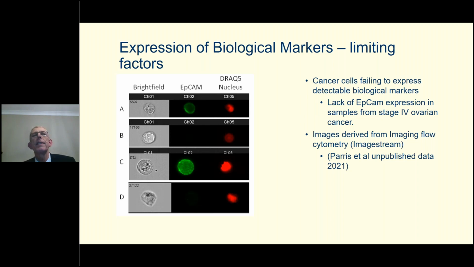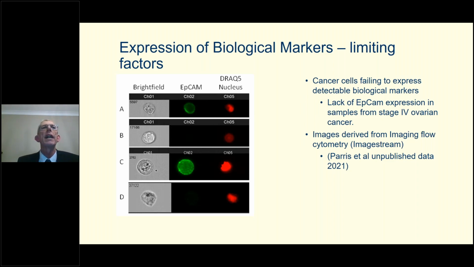And this is a little bit of data that was derived from my own lab, using the novel technique of multispectral imaging flow cytometry. What we were able to show when we were trying to enumerate circulating tumor cells, in this case from stage 4 ovarian cancers, was that we were identifying cells that appeared to be circulating tumor cells, but were not expressing EpCAM.